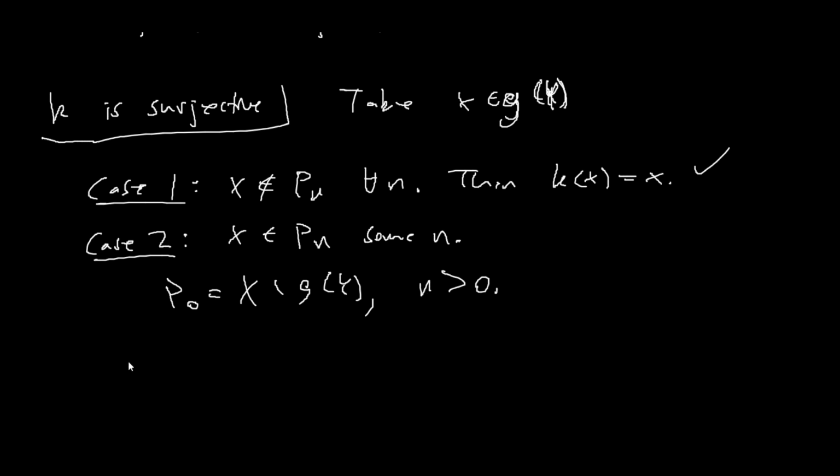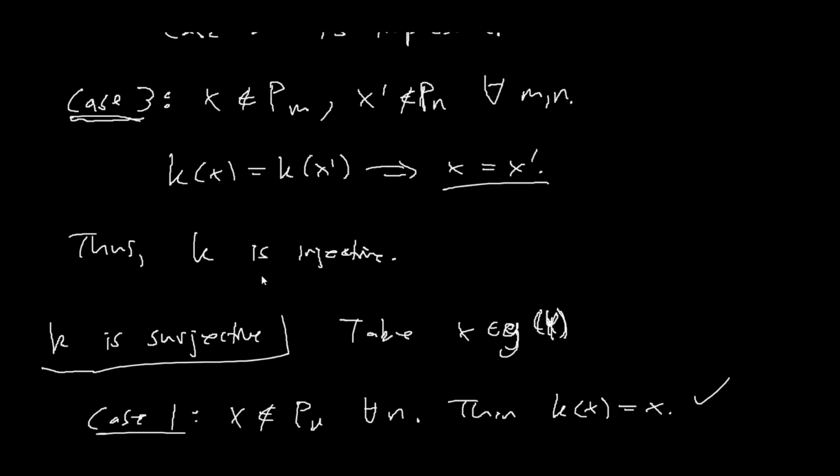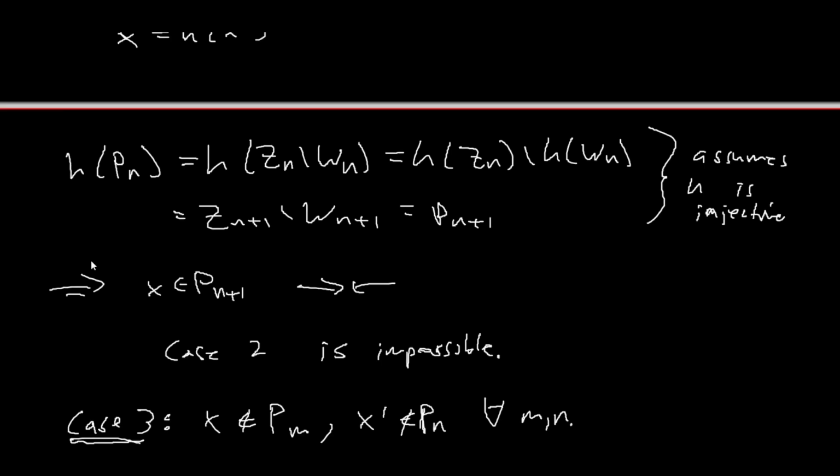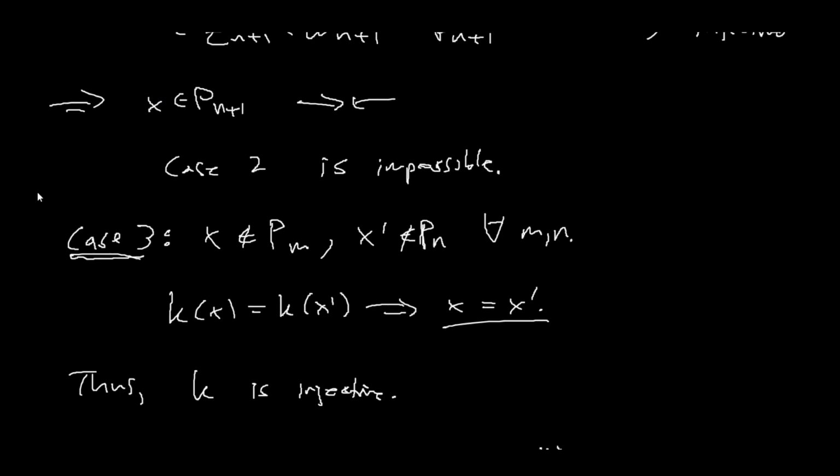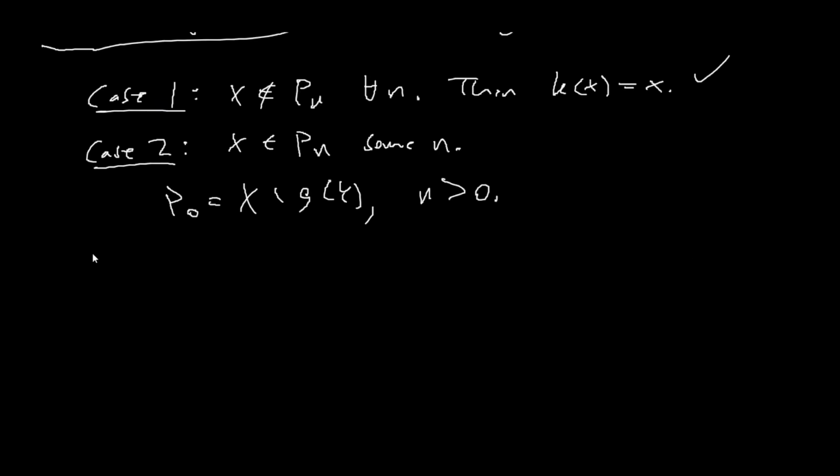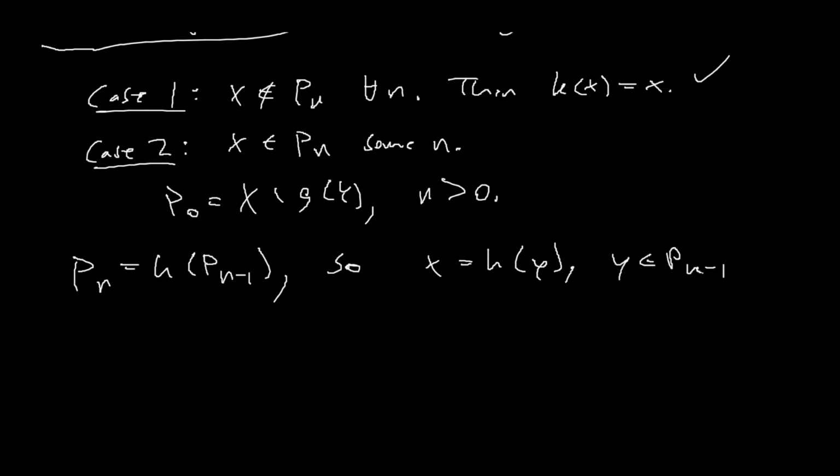Next, note that as we've established earlier, it's actually the case that P of n is h of P of n minus 1. And so if x is in P of n, and n is greater than 0, x has to equal h of y for some y in P of n minus 1.